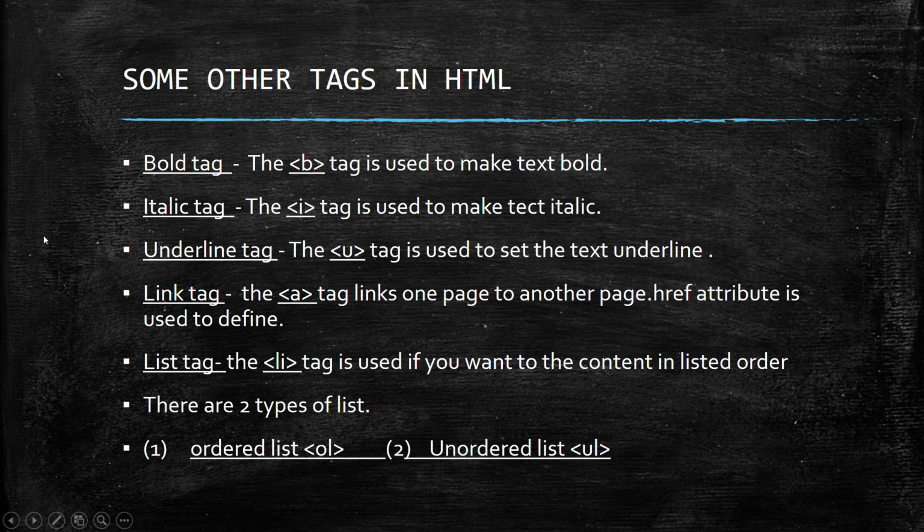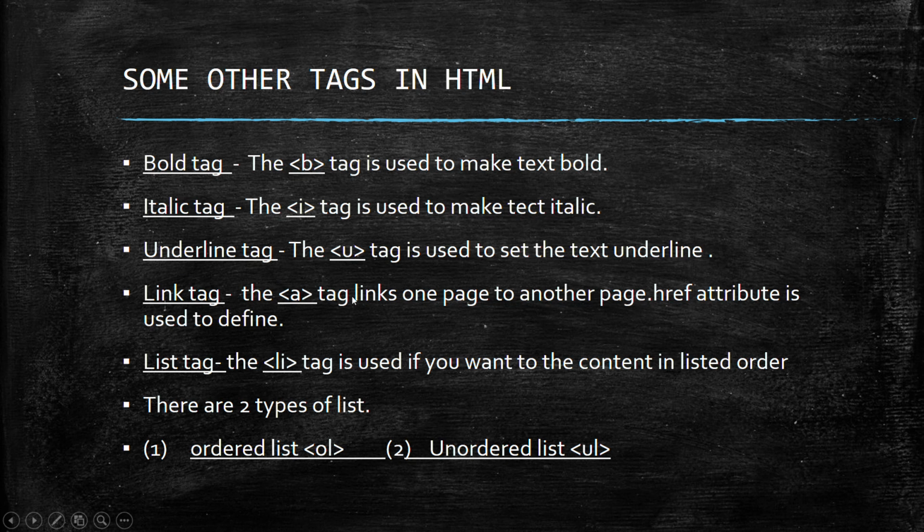There are some of the tags that are used in HTML. One is the bold tag, as I talked about previously; it makes your text bold. The italic tag is used to make your text italic. The underline tag is used to set the text underlined.